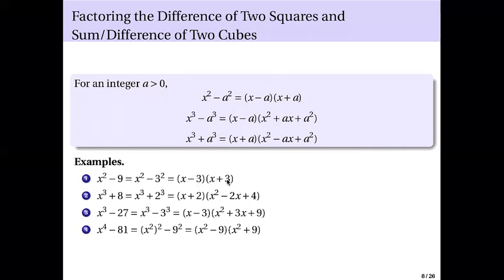So this can still be factored into x minus 3, x plus 3, x squared plus 9. This is the complete factored form of x to the 4 minus 81.